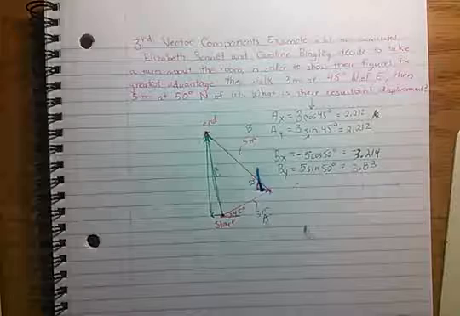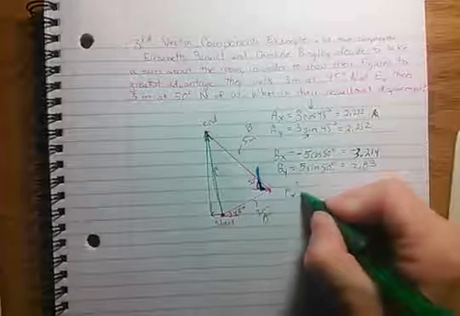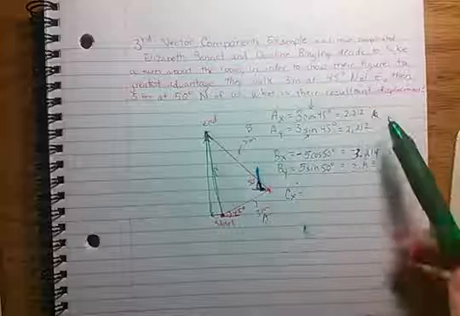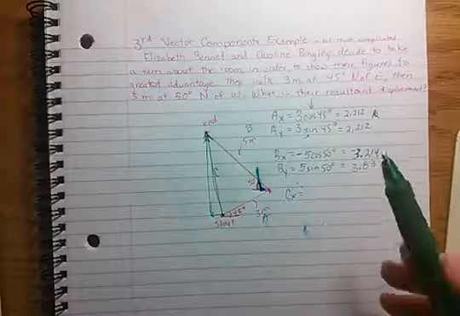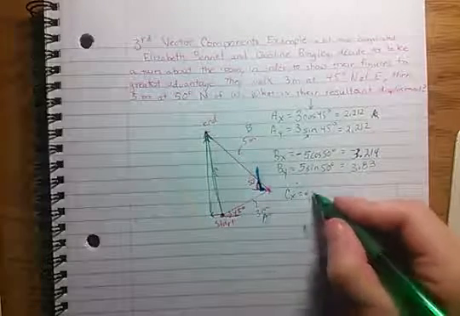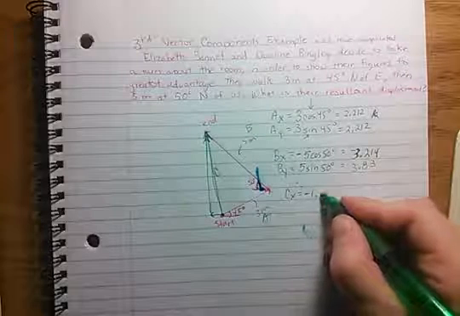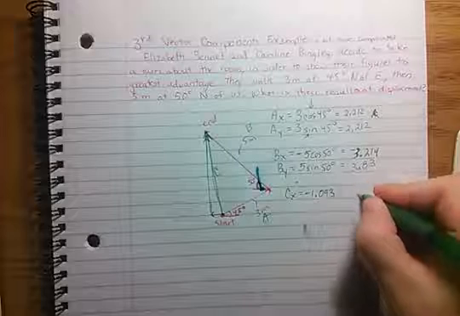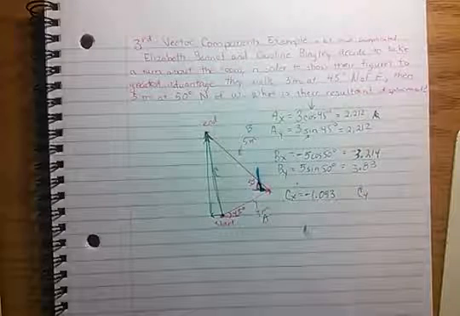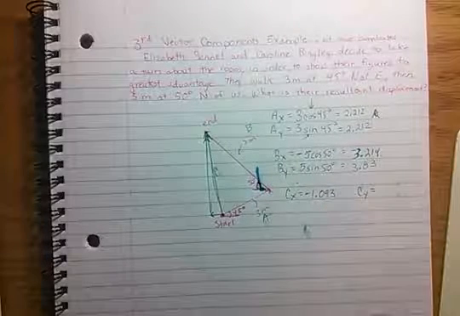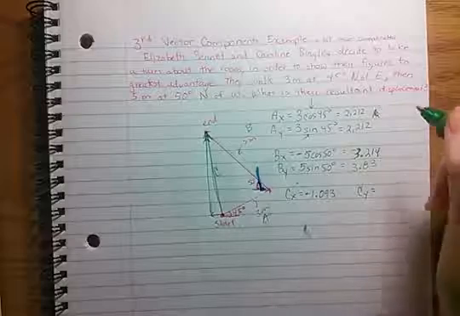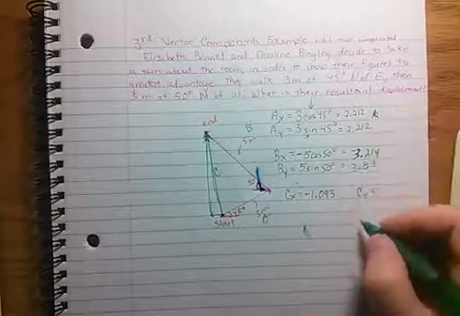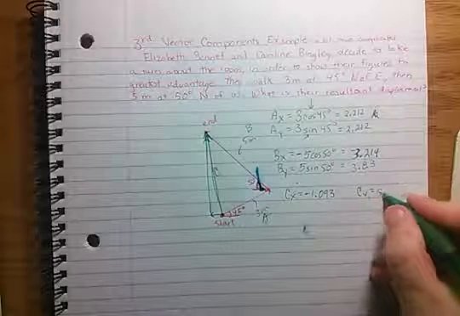Okay, now we want to add the x components and the y components. So to get Cx, we want to add Ax plus Bx. So that's actually going to come out with a negative number, -1.093. And then Cy is going to be equal to 2.212 plus 3.83, and we get 5.951.